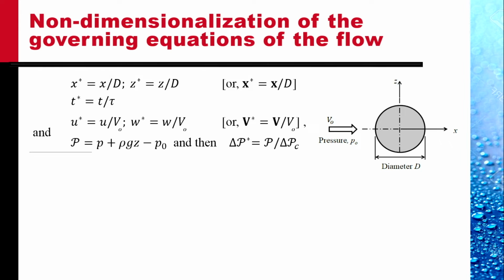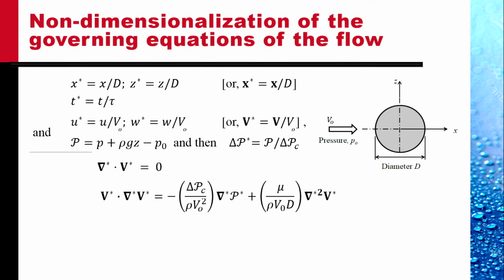We introduce the non-gravitational pressure term, script P, which is defined as P plus rho g z minus P naught. As before, this is termed non-gravitational because under gravity in a stationary fluid, this parameter P remains constant. And we use delta Pc as the characterizing pressure difference. That Pc is still unknown.